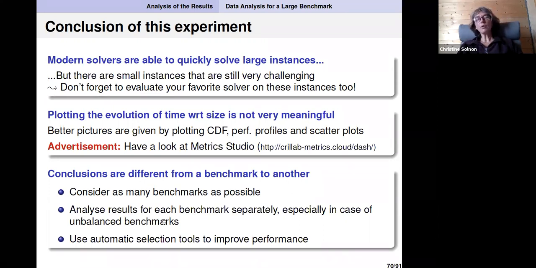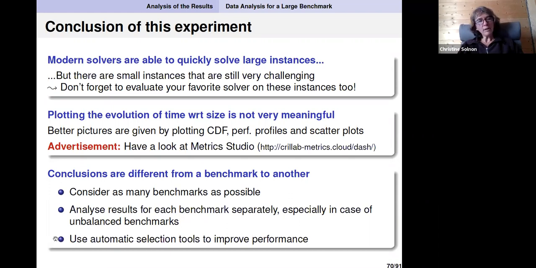If I have a benchmark which contains a lot of instances, and then another benchmark which contains only very few instances, if I plot a general picture for all benchmarks, then the conclusion will be the same as those of the large benchmark. So it is always interesting to plot for each benchmark separately.